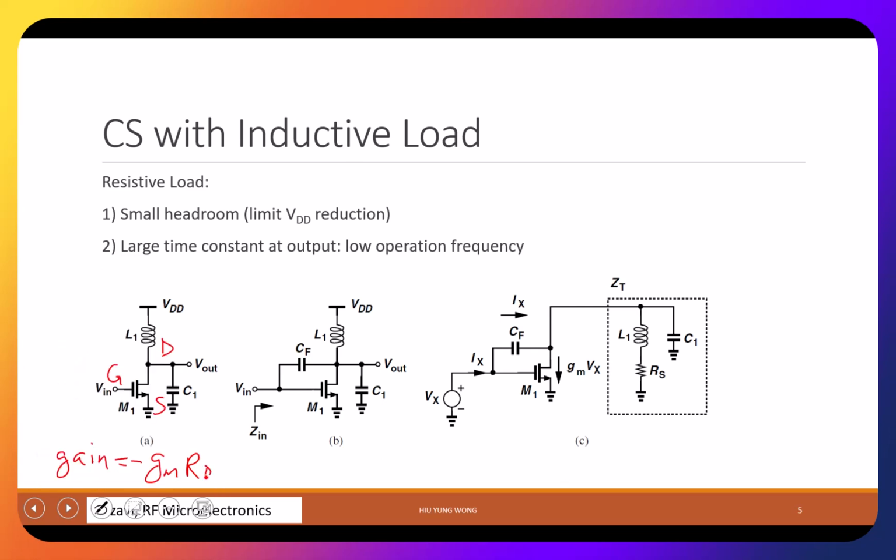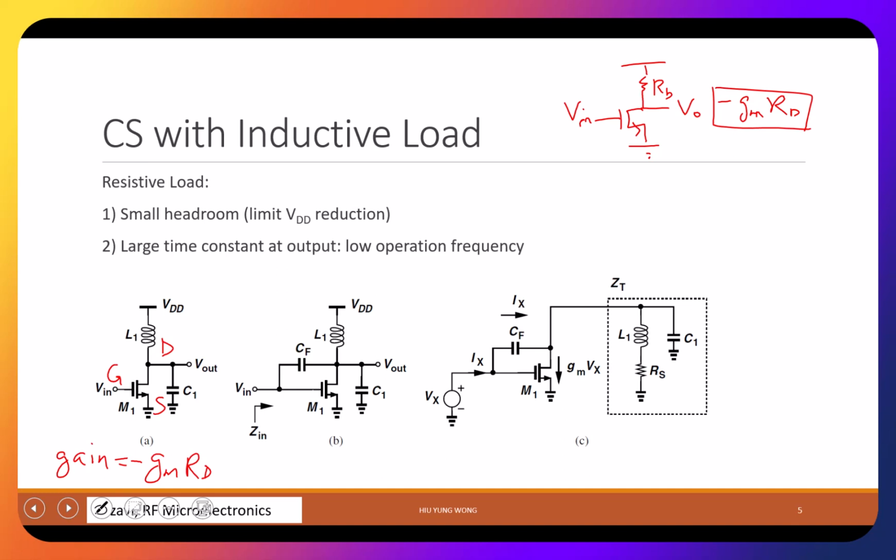Let's ignore channel length modulation. Let me draw this again if you forgot. This is RD, this is Vin, this is Vout. So it is negative gm RD. This is the gain of the common source amplifier.